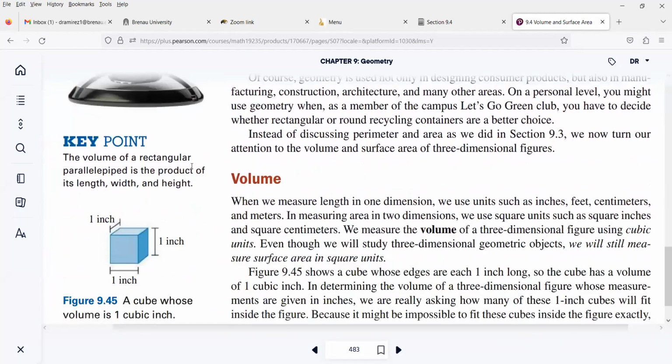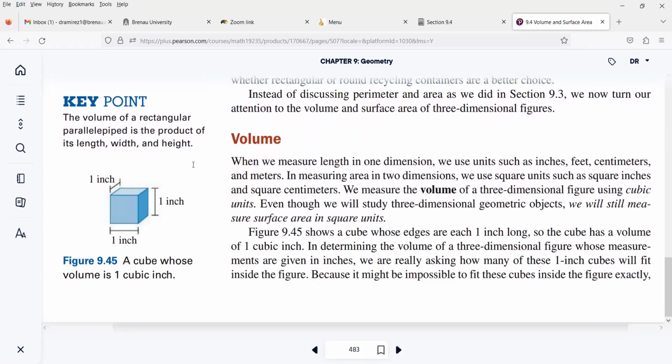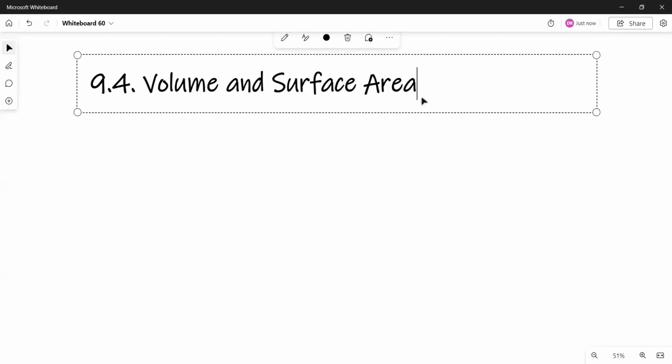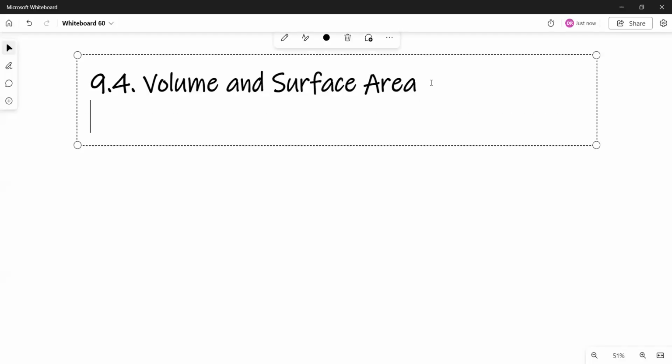So we're going to start talking about volume, and it's good to point out that we saw that area was measured in square units, like square feet or square meters or square inches.